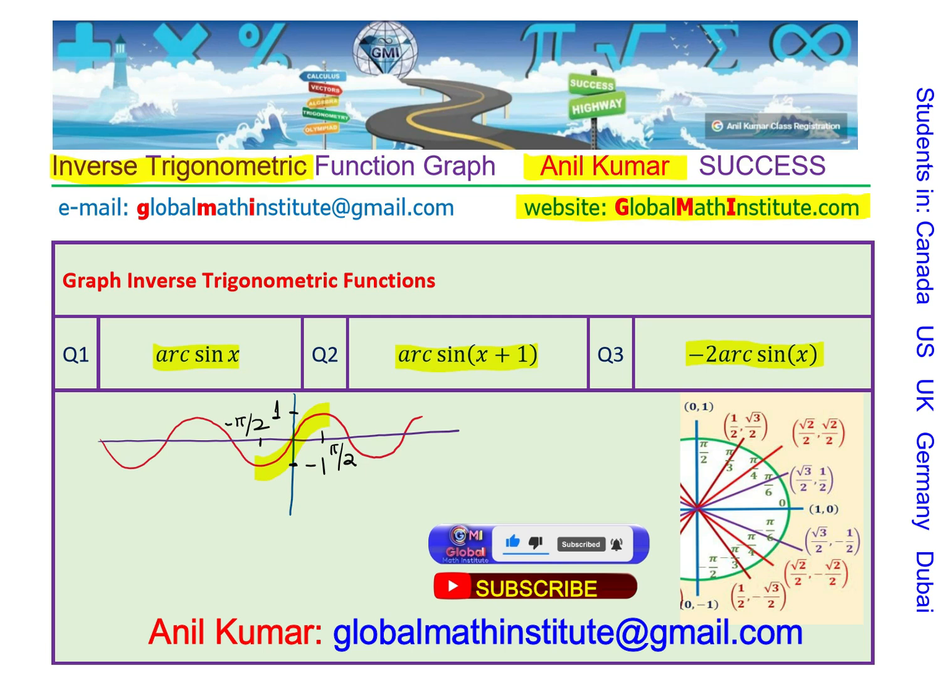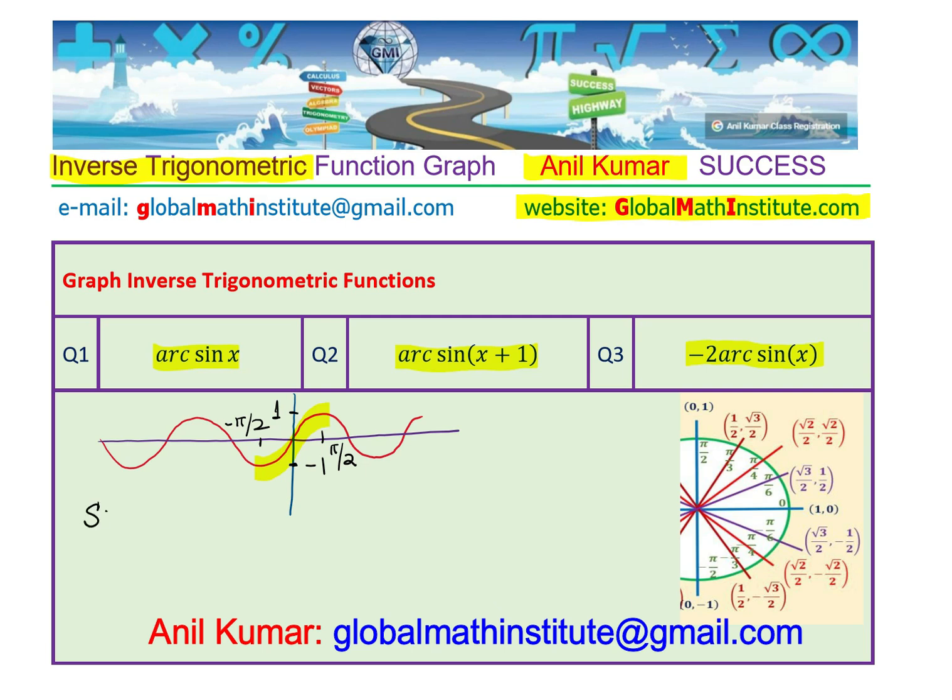So what we have taken here is sine x, where the domain is between minus pi by 2 and pi by 2, and the range is from minus 1 to 1.